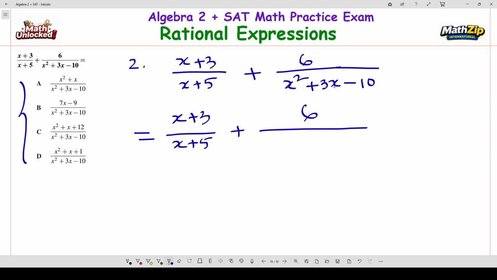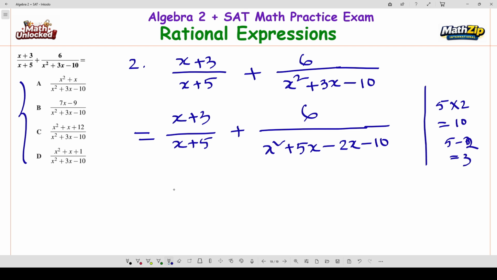x² + 3x − 10, we have to factorize this one, so we can write x² + 5x − 2x − 10. 5 times 2 is 10, and 5 minus 2 is 3. Okay?